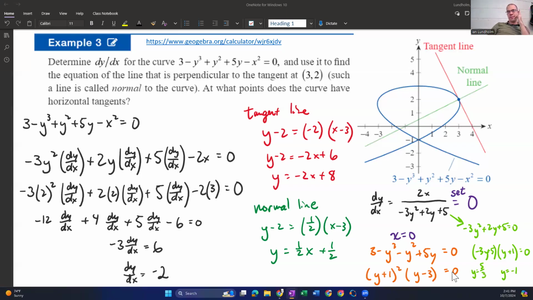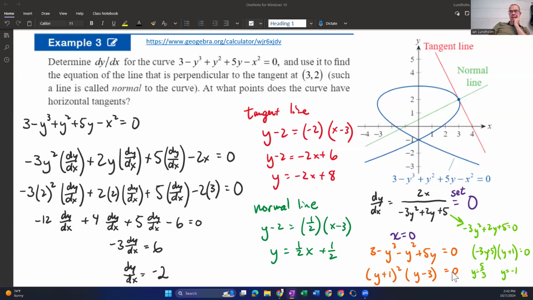Gross. What does that mean? I was hoping that this would be better, but it does. Okay. So at those places, we would have vertical tangent lines.